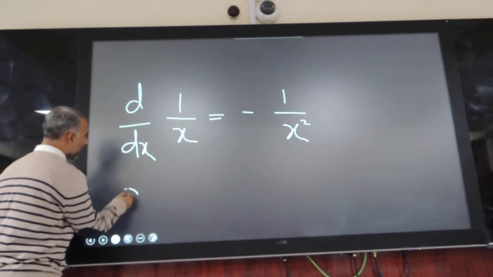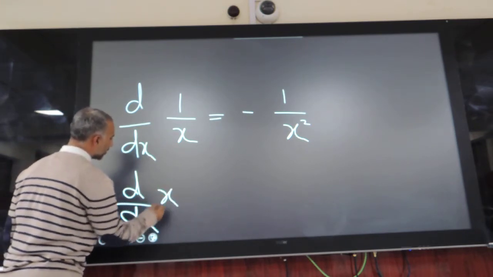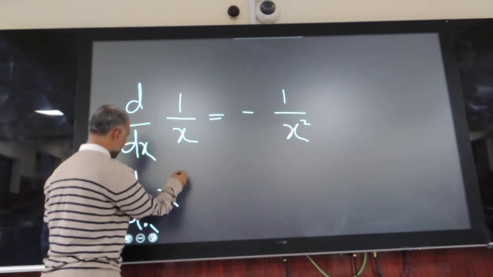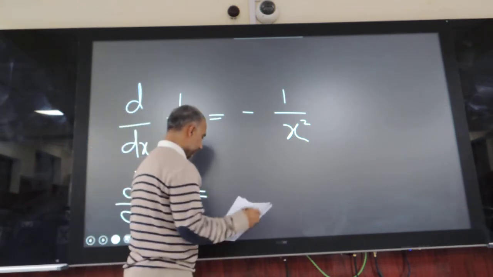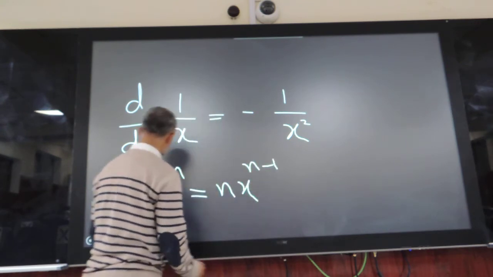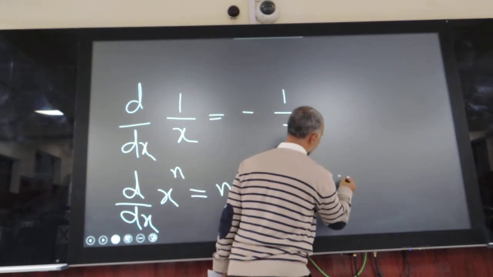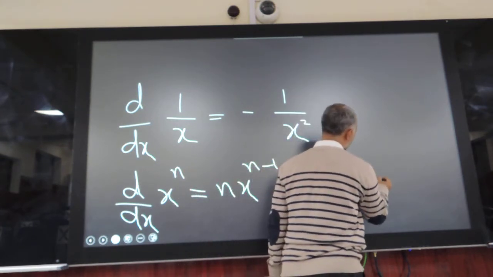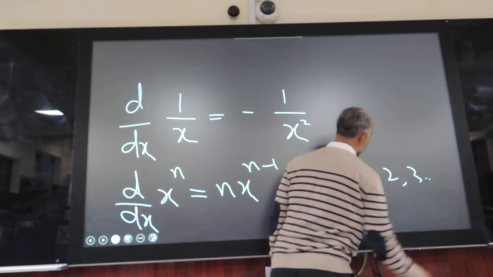Similarly, we have already gone through the rate of change of x^n, which equals n x^(n-1), where n is equivalent to 1, 2, 3, and so on.